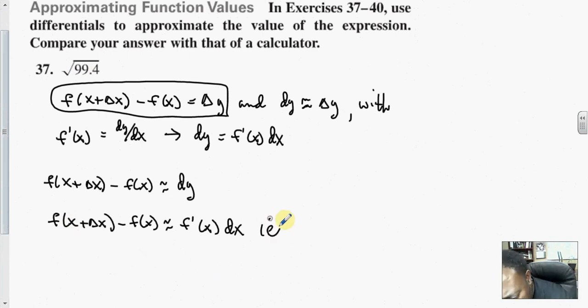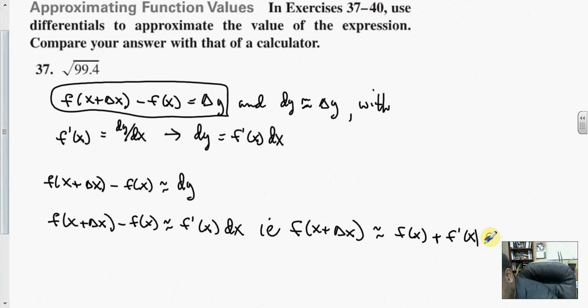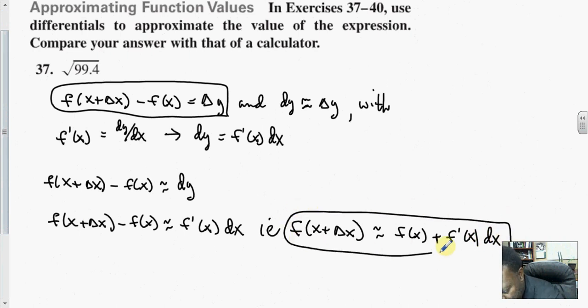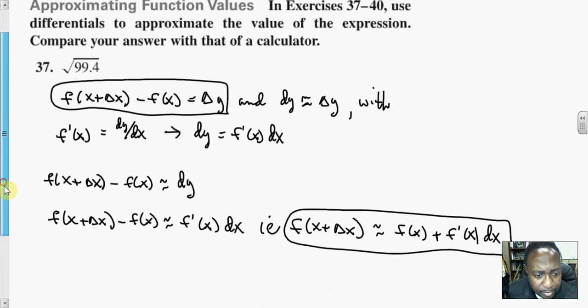So here's what we need. f of x plus delta x can be approximated by f of x plus f prime of x delta x. That's important. Okay, so we're able to derive it.